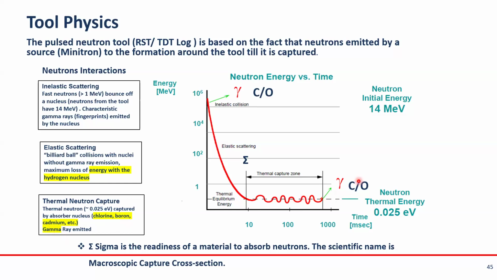So that gives another spectrum. There are two gamma rays, the capture gamma ray and the inelastic gamma ray. The inelastic gamma ray is used for carbon oxygen, and the capture part is used for sigma.